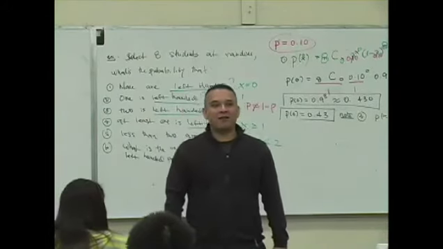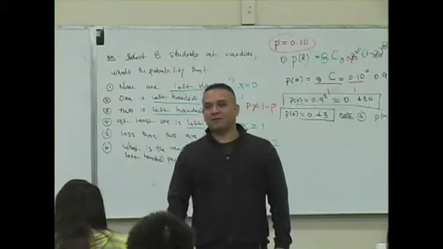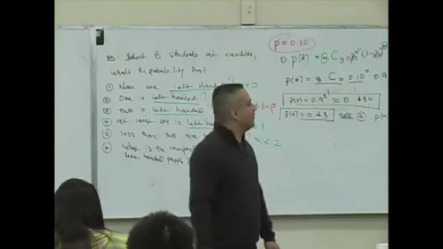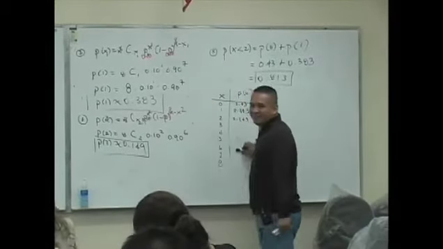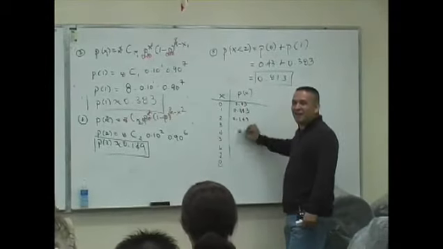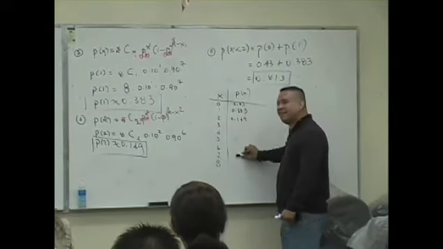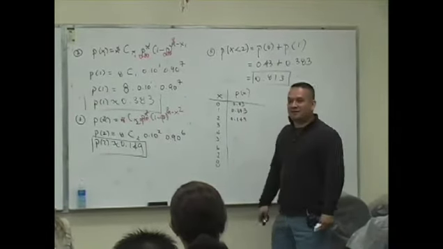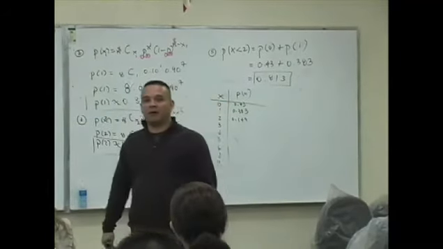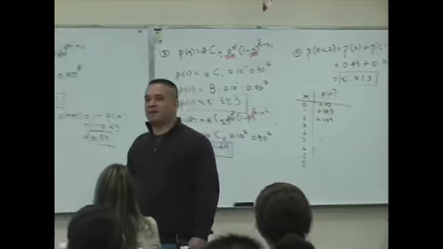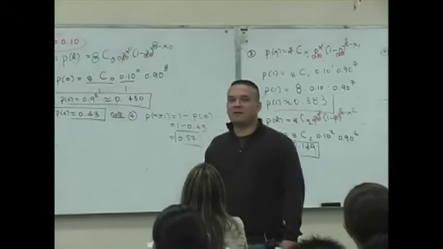She goes, how did you expect me to answer this question? I only got this far. I got to P of 7, and I couldn't even answer 2 of those questions. I only had P of 0. You know what I said?